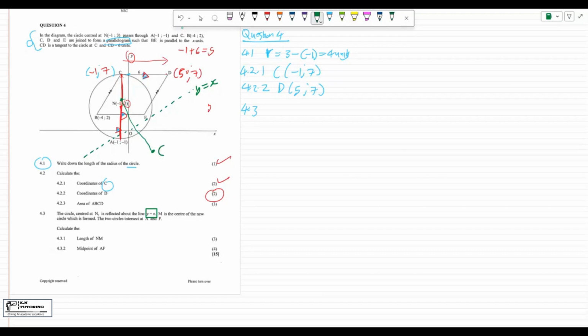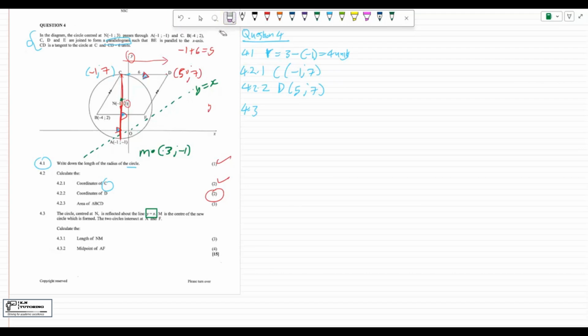So your x value on N was -3, it will become your y value, -1. Your y value was 3, and when it comes here, it's going to be an x value, which is going to be -3. Sorry, 3. All right, so this is my coordinates of M. The x value is 3, and then -1.